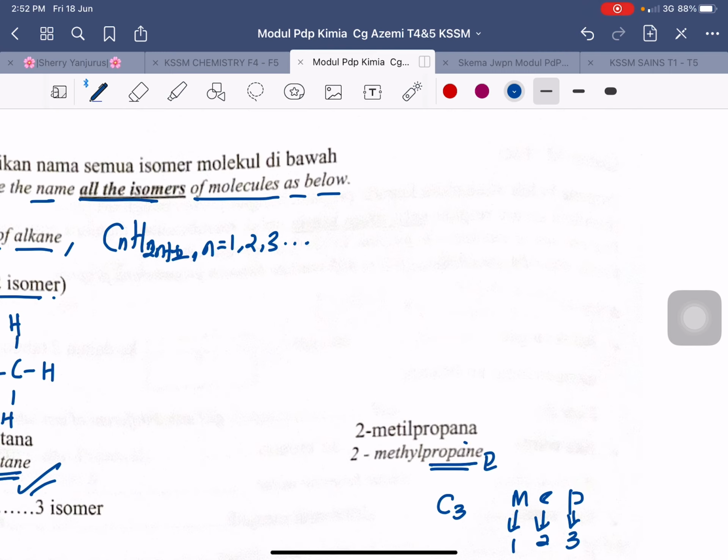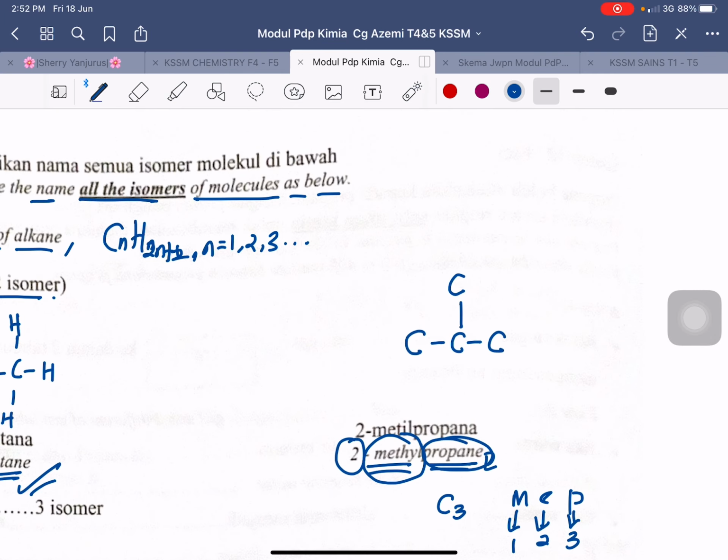So when you see propane, maksudnya dia ada 1C, 2C, 3C. Propane. So why is it methyl here? Kenapa methyl? Because there is a branch, there is a cabang. Okay? Here, on the second C. 2 maksudnya kedudukan cabang itu.